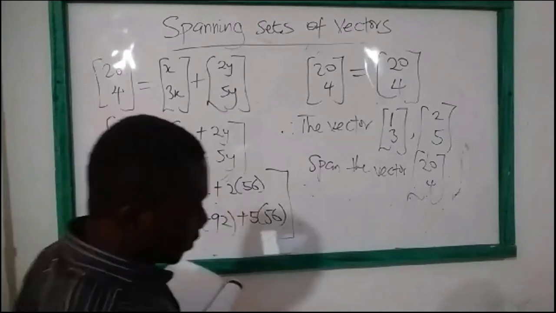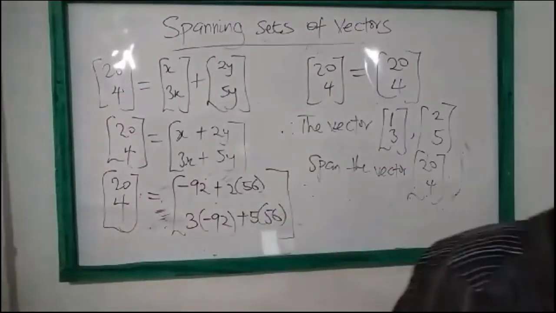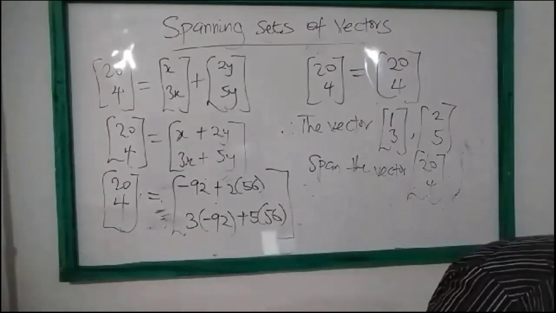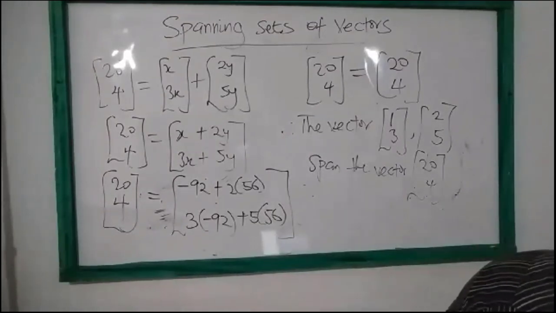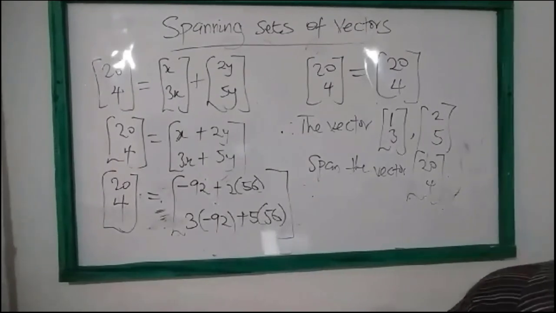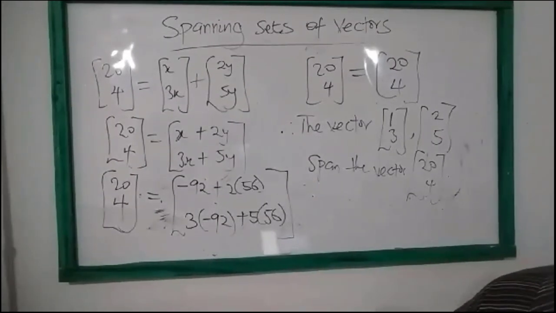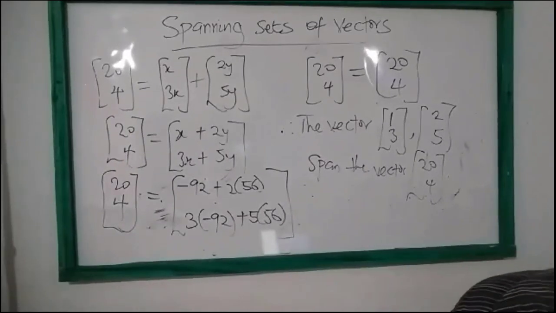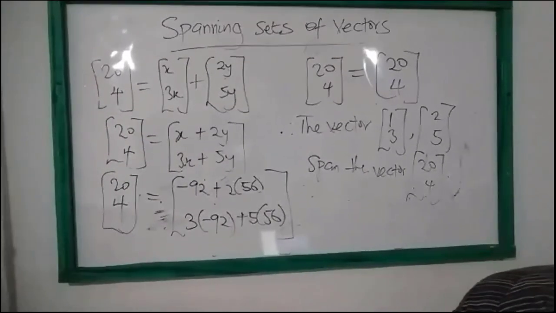The first row is 1, 2, and the second one is 3, 5.